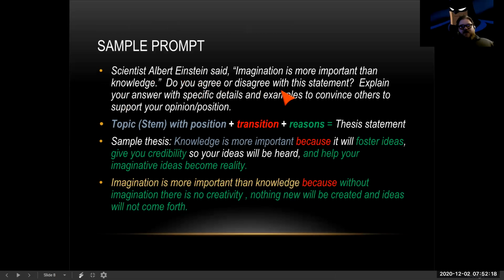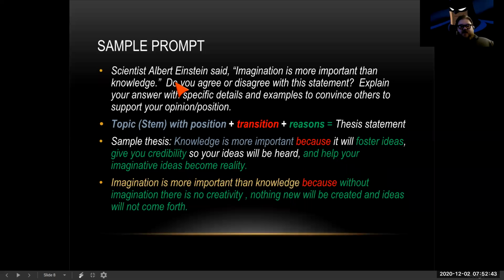Here's a prompt. Albert Einstein said, imagination is more important than knowledge. Do you agree or disagree with this statement? Explain your answer with specific details and examples to convince others to support your opinion or position. Now, here's what we have to write about. We have to explain, we have to convince others to support if we agree or disagree that imagination is more important than knowledge.